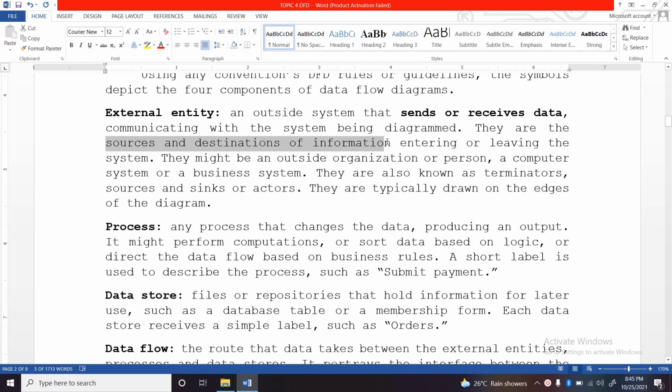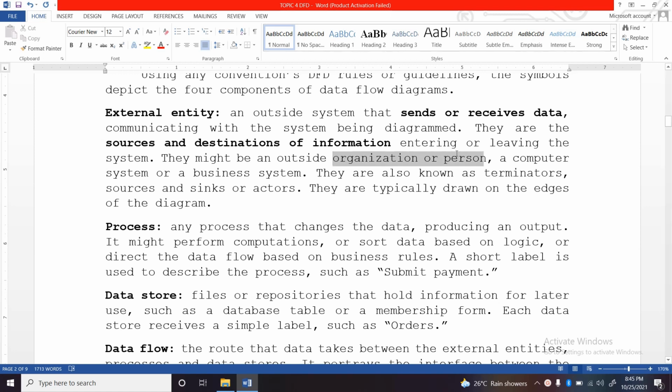May I just highlight this one? These are the things that the external entity does, or the job of the external entity. Nagbibigay daw sila, or they send, and they will be the ones to receive the data that will be processed later on. They are also the sources and destinations of the information entering or leaving the particular system. They might be an outside organization or person.